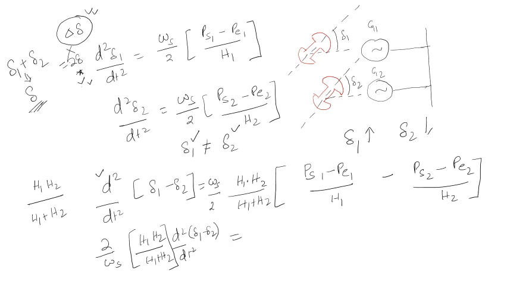I will multiply it inside and separate the s term and the e term. So you will get a term like this: (ps1 h2 minus ps2 h1) upon h1 plus h2.